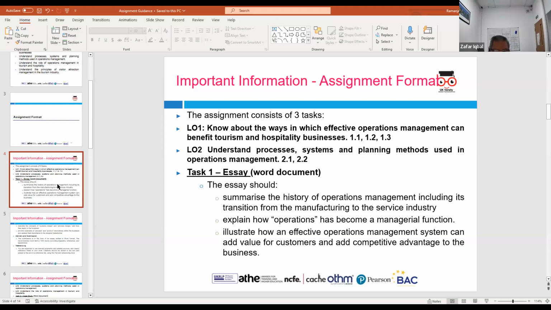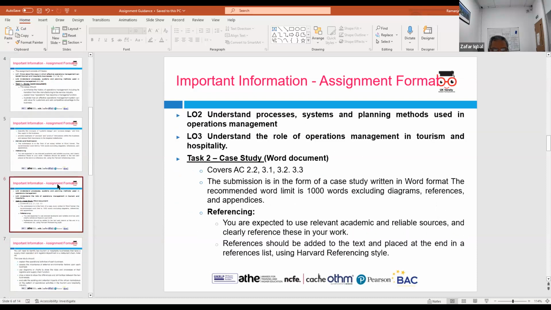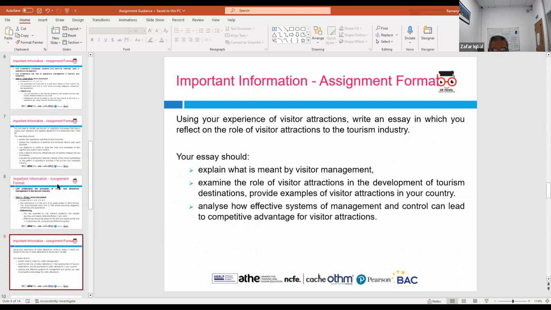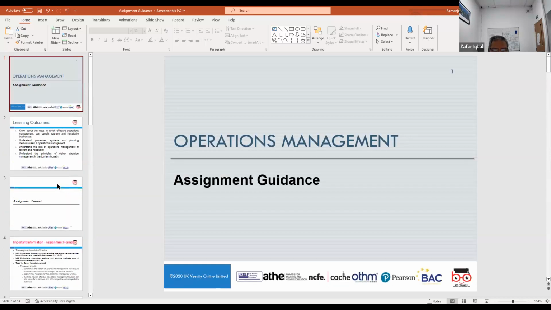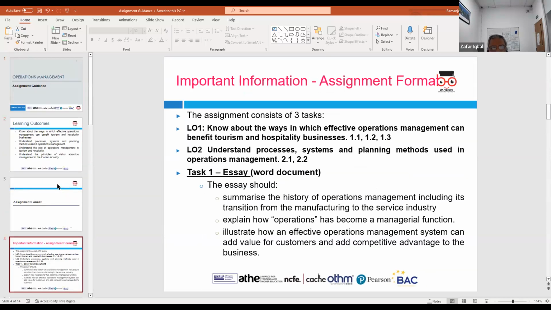There are how many tasks on the assignment? There are 1, 2, and 3 tasks, I think. Is that right? There are 3 tasks on the assignment, covering all 4 learning outcomes, and then there are assessment criteria within each task.